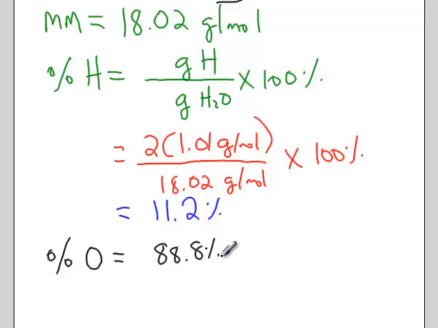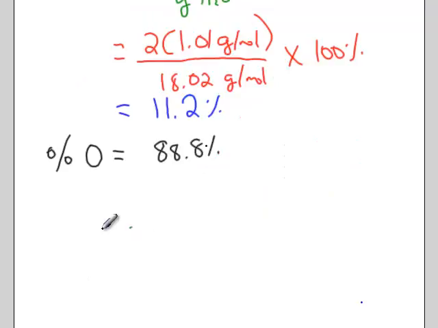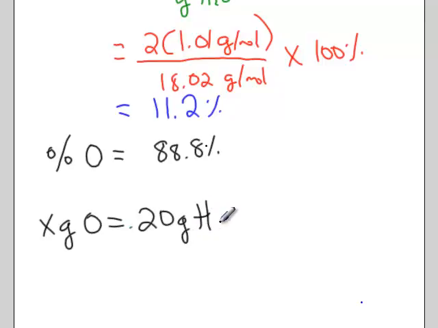Now, a percent like this would be a useful conversion. If they told you that you had 20 grams of water, how many grams are oxygen? So how many grams are oxygen in 20 grams of water?